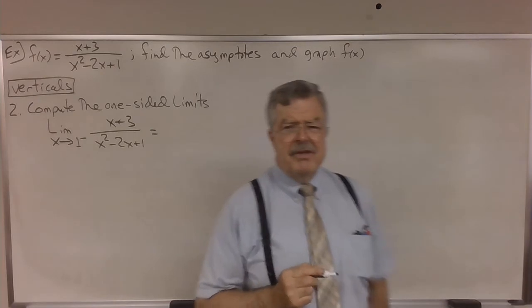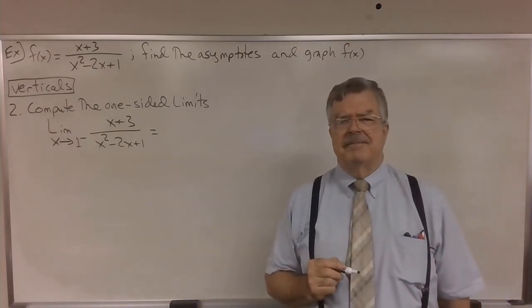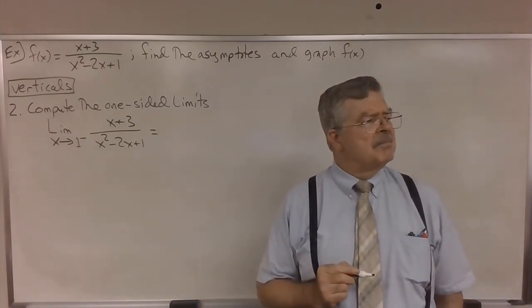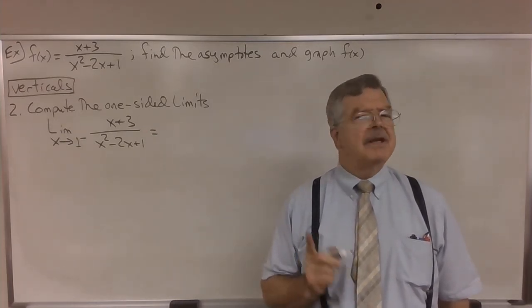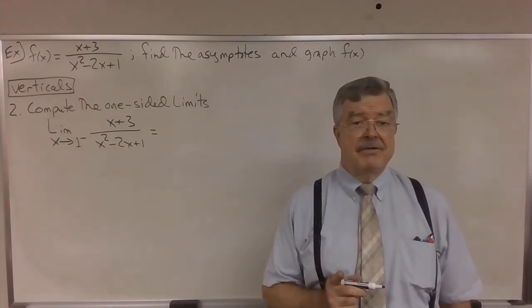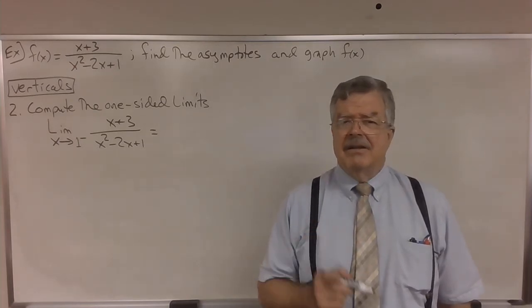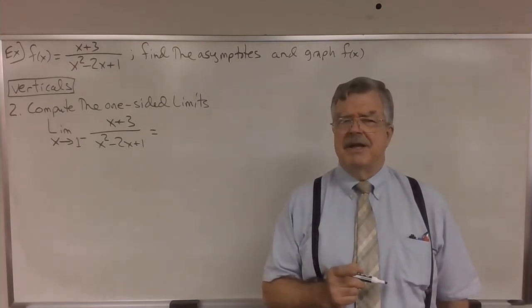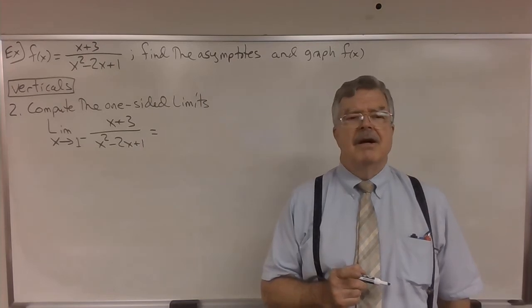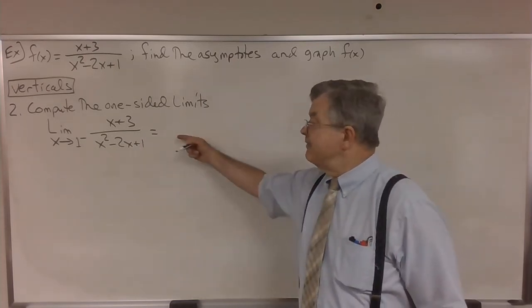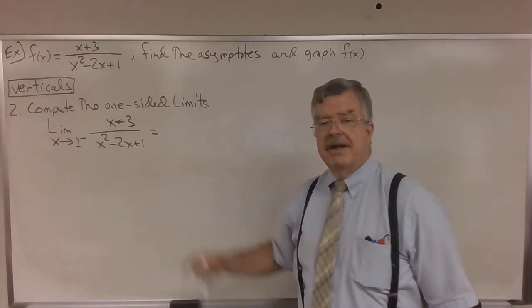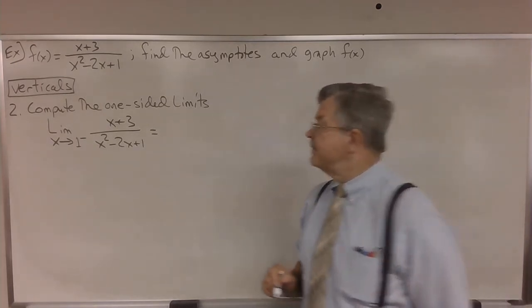And you remember the other day I said that when I'm computing one-sided limits, even though I don't expect to be able to cancel anything out of the numerator and denominator, I like to factor the denominator anyway. There are good reasons for doing this, and if I factor the denominator right now, that's going to help.